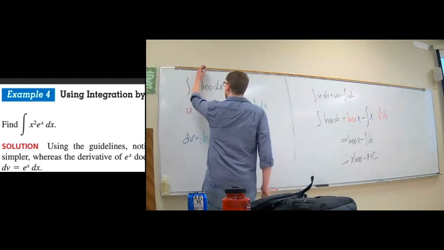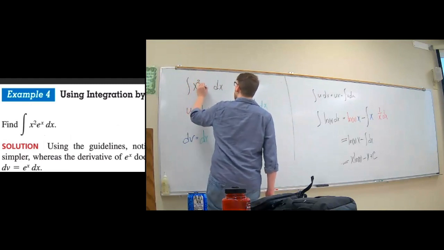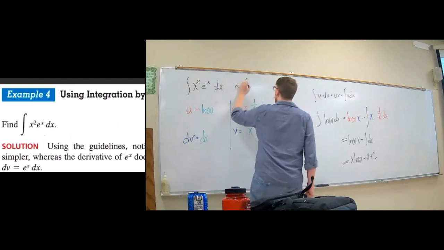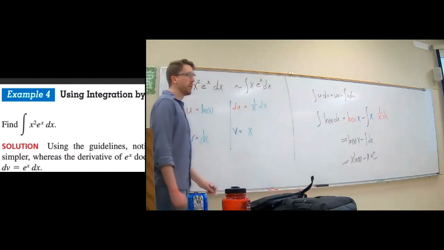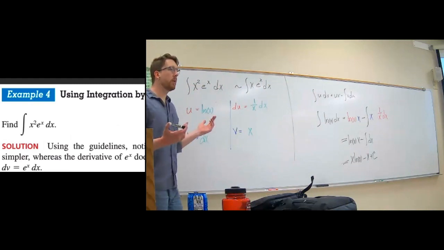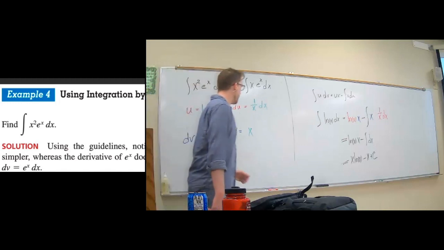Well, I want to bring everybody's attention really quick to the fact that we just solved a very similar problem, right? This is similar to the integral of x e to the x dx. It's not the same, but it's similar. So reasonably, we might assume that we're going to have a similar setup for this problem, right?